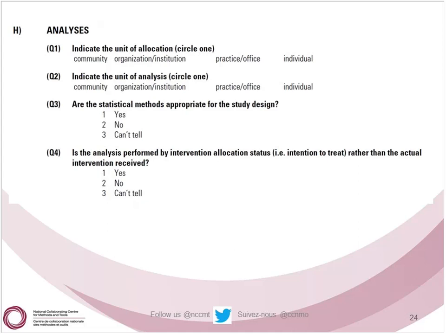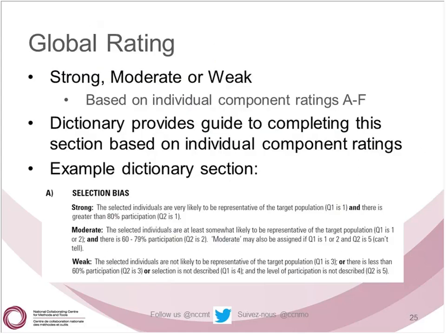We collect data on these two items, but we don't include that in coming up with our overall assessment of the methods of the study. But we pull that out because it may help us in our interpretation of the findings and in the discussion of the paper.